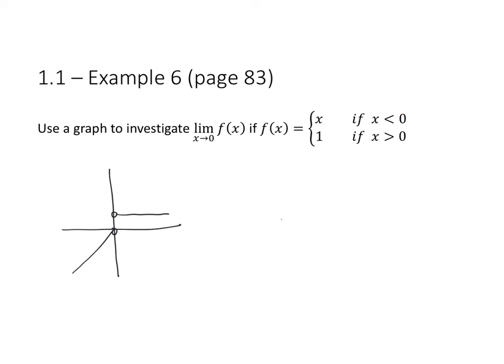So as I go from the left, let's see what happens. The limit as x goes to 0 from the left of f of x, it looks like our function approaches 0. And as I go from the right, the limit as x goes to 0 from the right of f of x, it looks like our y approaches 1.